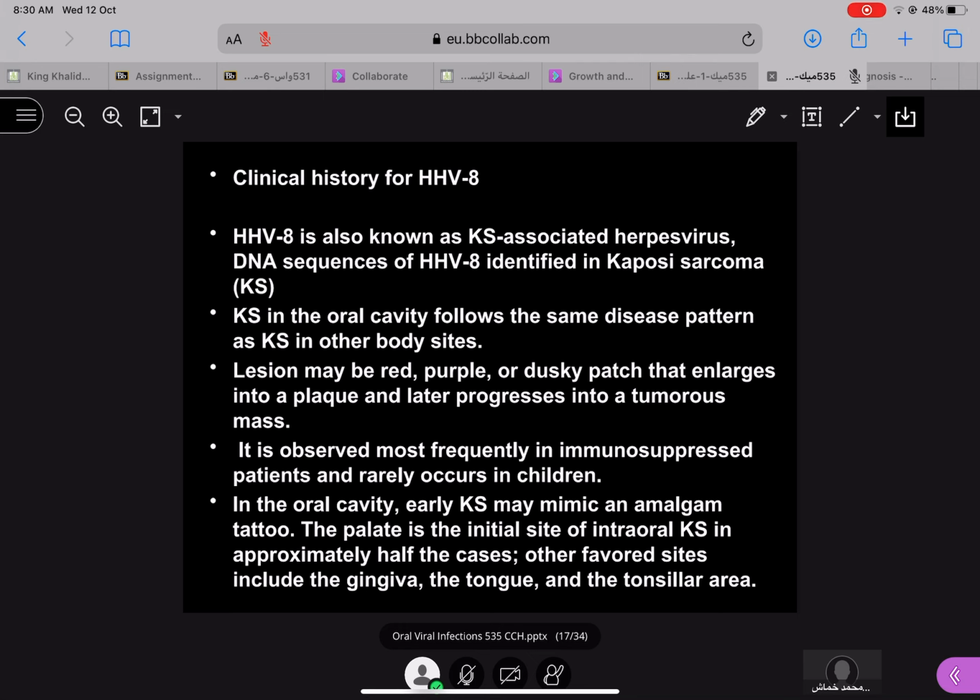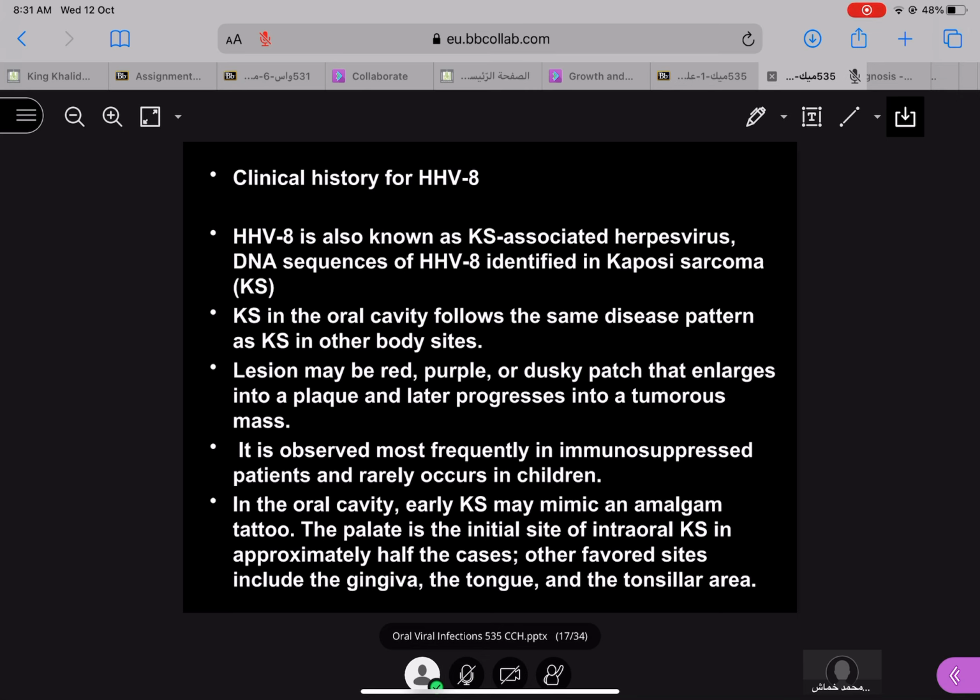Lesions may be red, purple, or dusky patch that enlarge into the plaque and later progress into tumor mass. It is observed most frequently in immunosuppressed patients and rarely occurs in children.